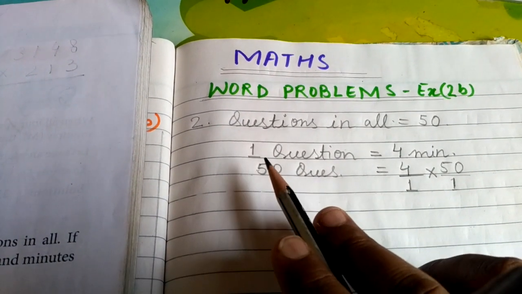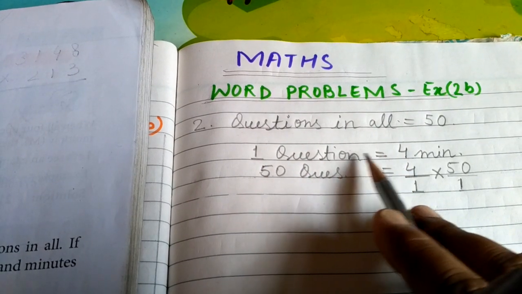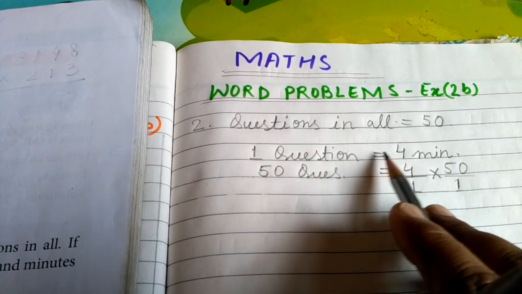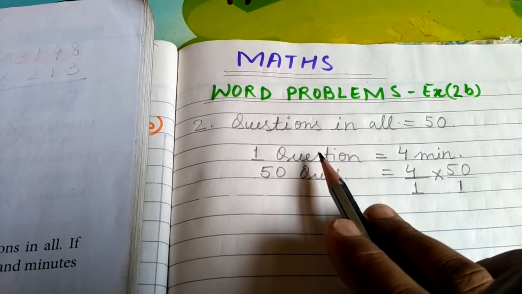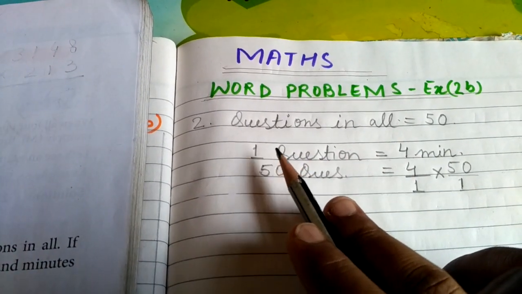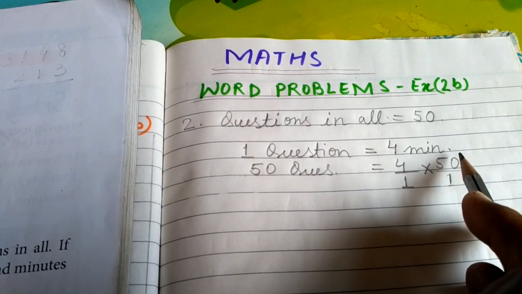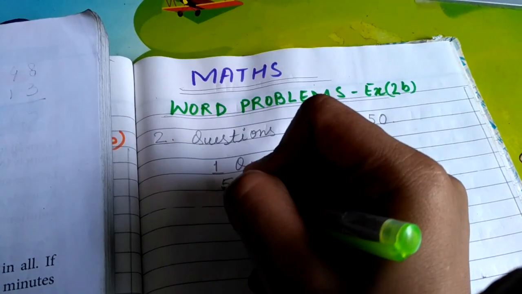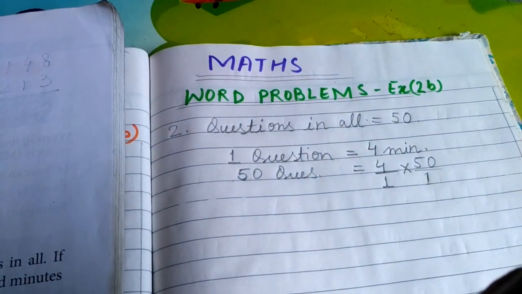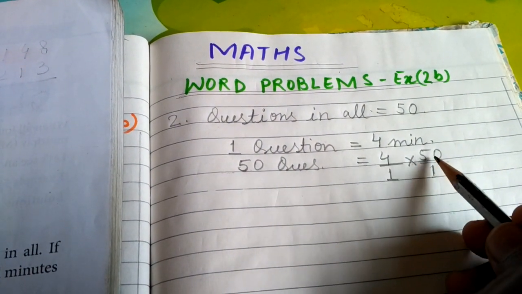In a similar fashion, to solve one question, Rishabh needs 4 minutes. These two are equivalent, because one question is getting solved completely in 4 minutes. Now he has to solve 50 questions, so he will need 4 multiplied by 50.